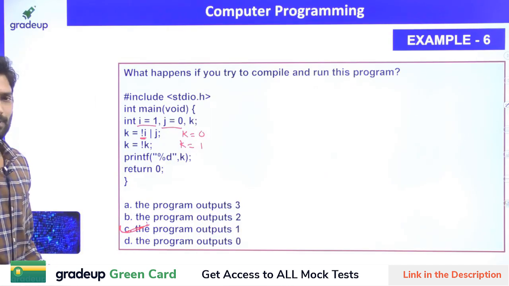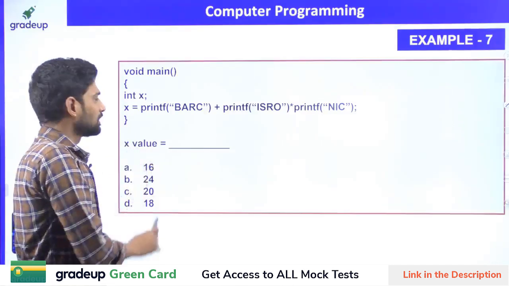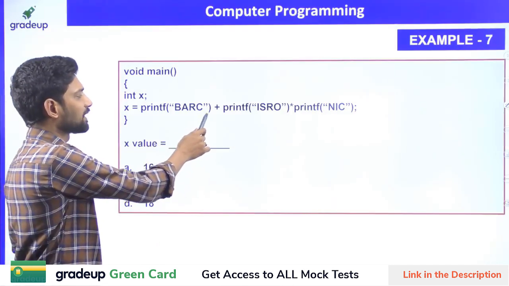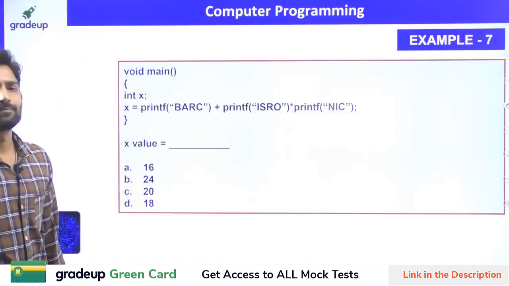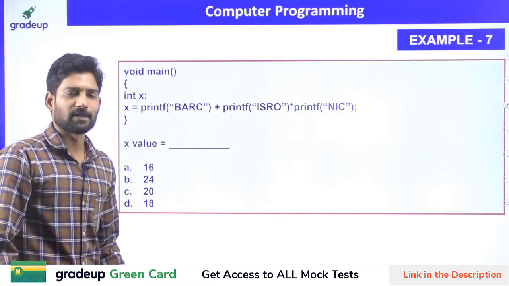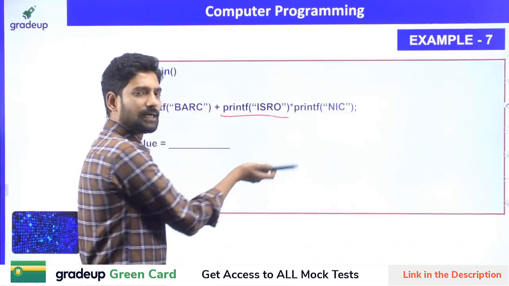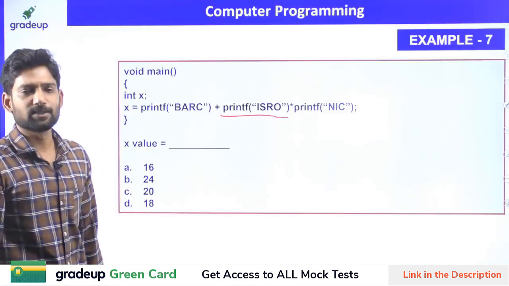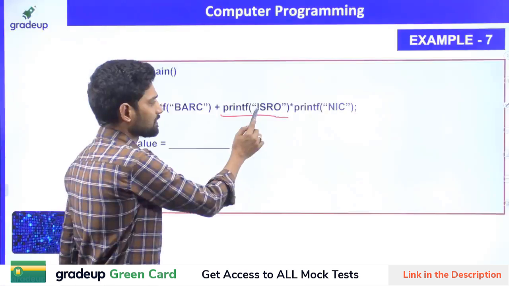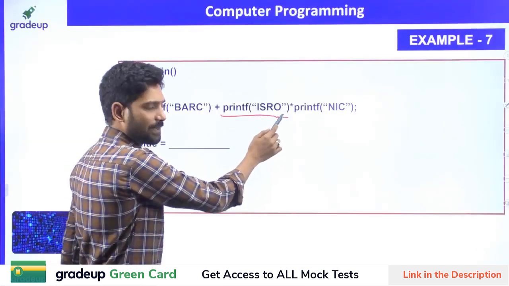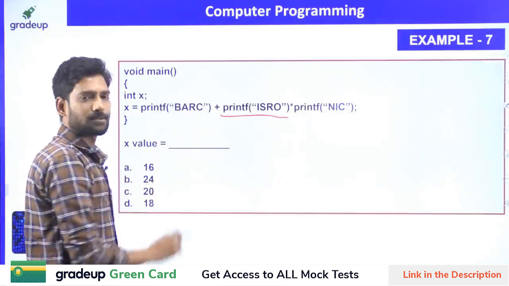Next one. Void main, int x. x is equal to printf barc plus printf isro into printf nic. We know the printf functionality: it will print and return how many characters it processed to the output screen. Here star has more priority than plus.